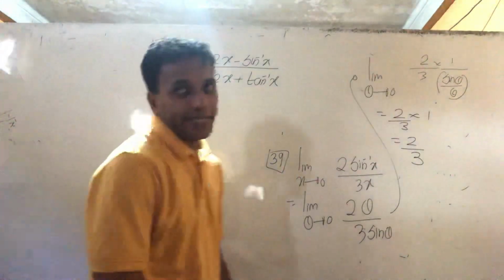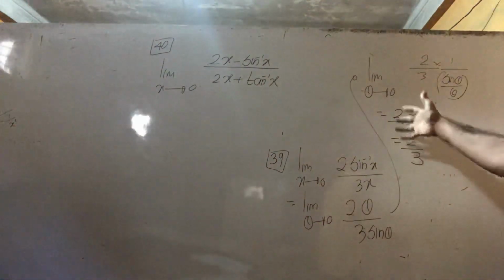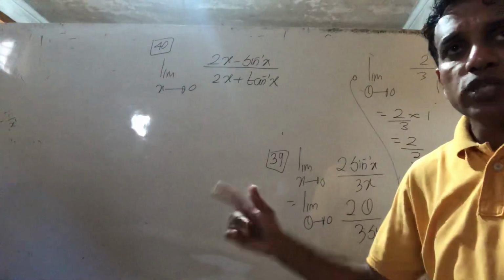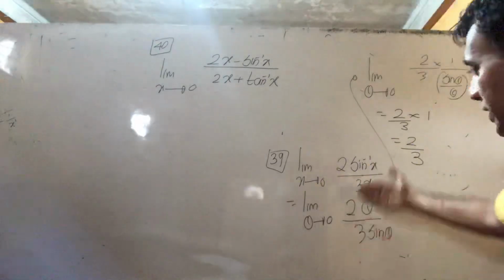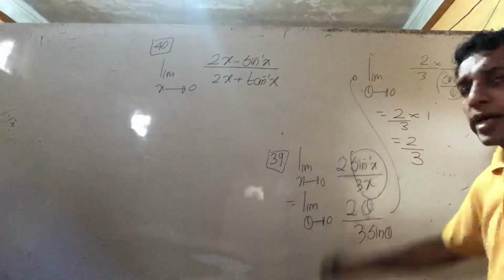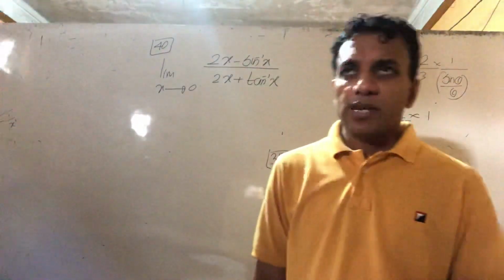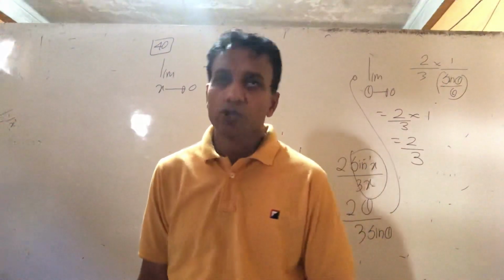See, same idea, but the answer. You know this case, sine theta over theta is 1. The same can be used for sine inverse x over x, which also becomes 1. Sine theta over theta is 1. Similarly, sine inverse x over x is also 1.